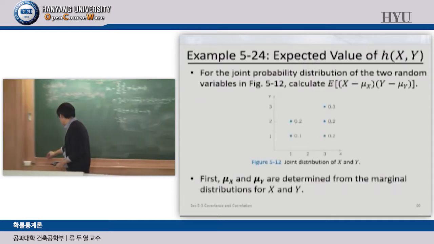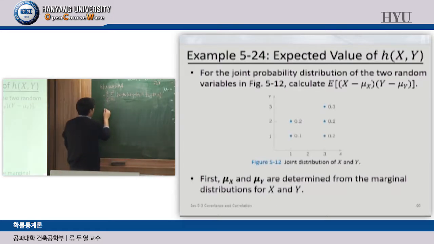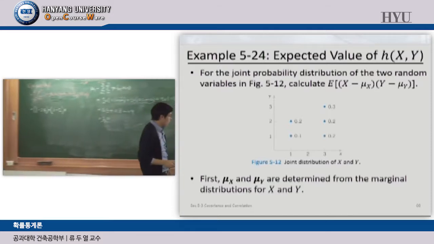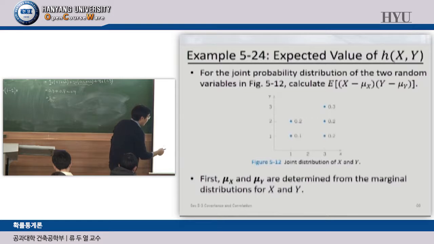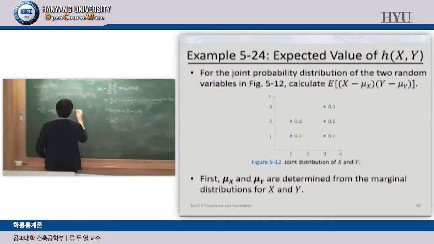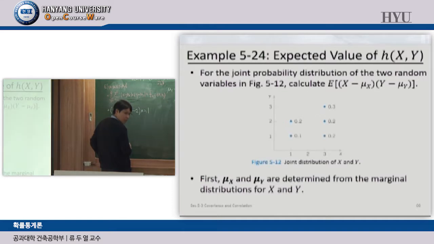So this should be equal to, when x is equal to 1, 1 minus 2.4, and when y is equal to 1, that is 1 minus 2, by, when x is equal to 1 and y is equal to 1, the joint probability mass function is equal to 0.1. So 0.1 here, right?